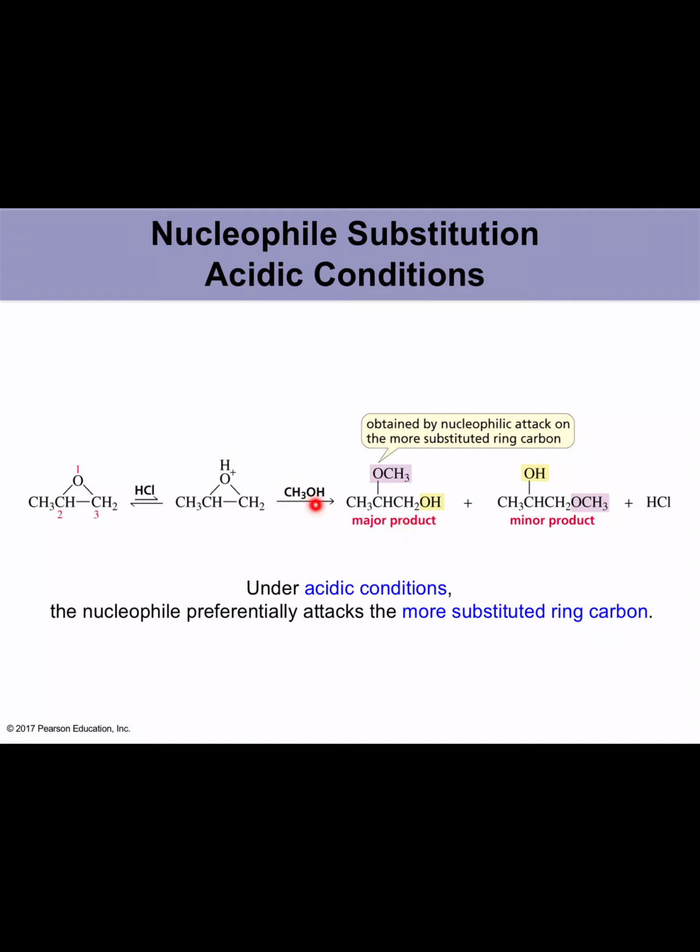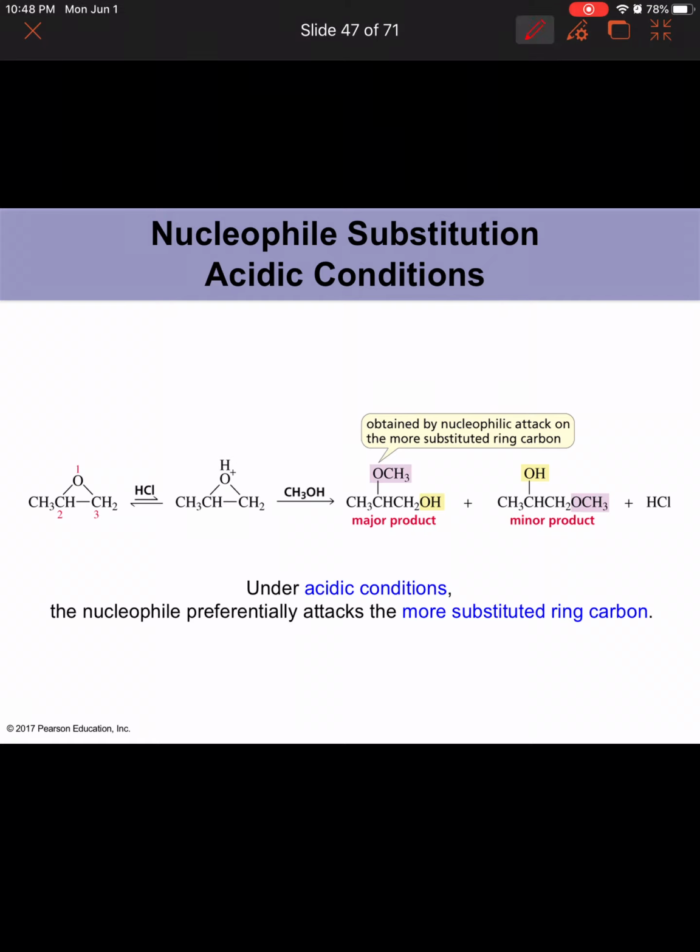This oxygen right there can either go to this carbon or it can go to this carbon. So that is how you get the two products. The major product is this one and the minor product is this.